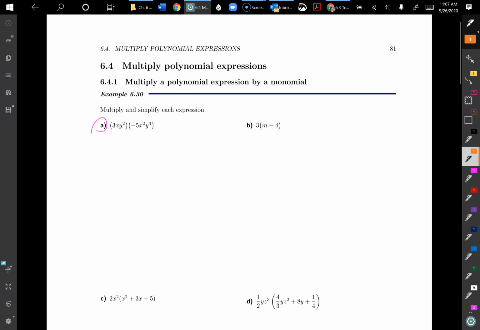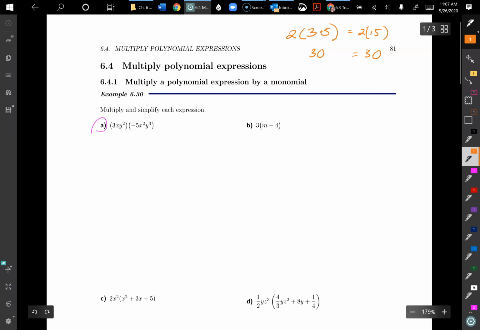It's kind of similar to if I had like a 2 times 3 times say 5, I would just go 2 times 3 is 6 times 5 is 30, or I could do it as 2 times 15 is 30, right?